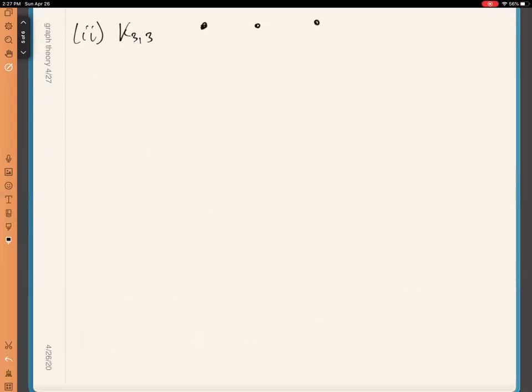Well, I have 2 sets of 3 vertices, and each vertex is connected to everything in the other piece and nothing in its own piece, right? So it's going to look something like this. So that's K33. And now we want to show that this is not planar.